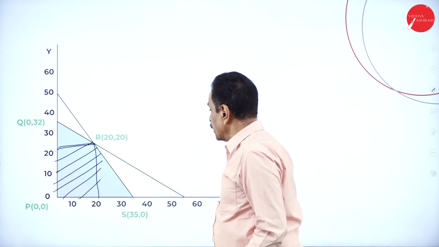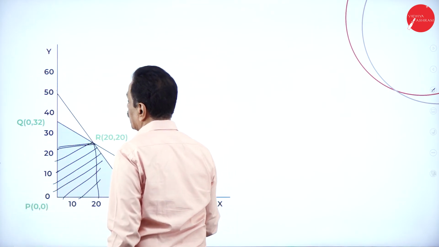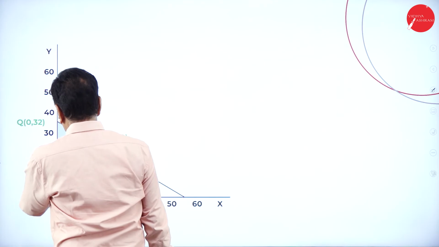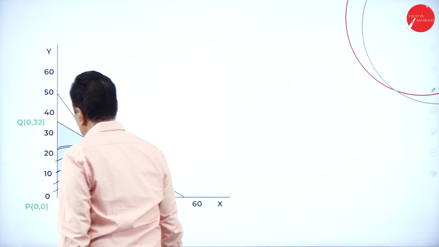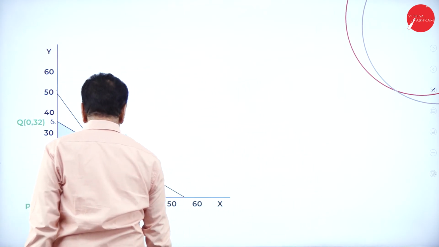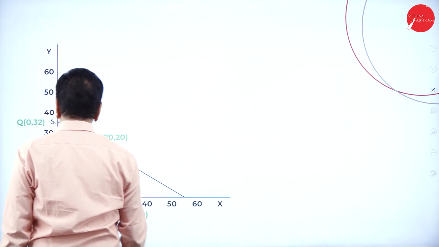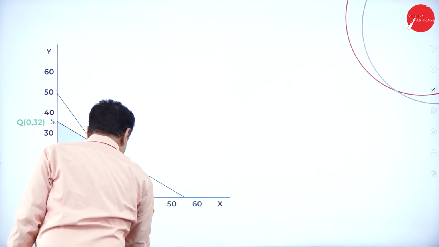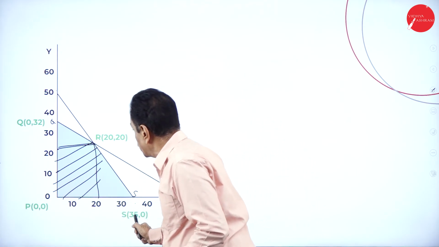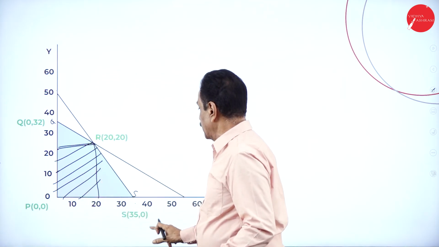So the points are O, then 0, 32, which we can call Q, and S is 35, 0, and R is the intersection.